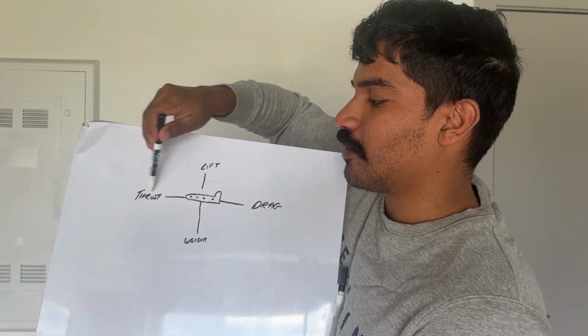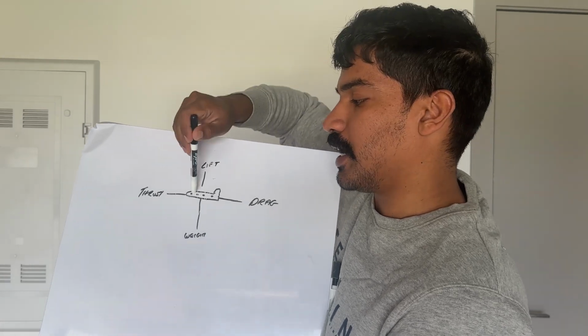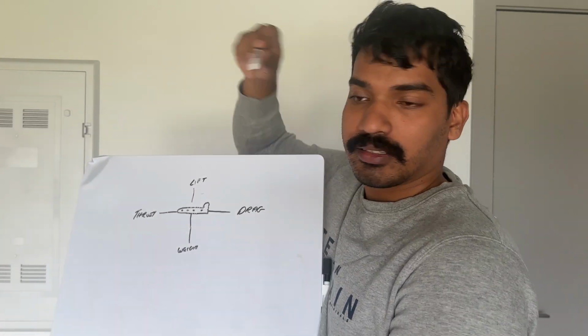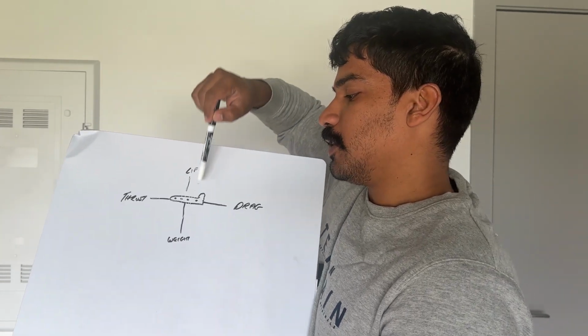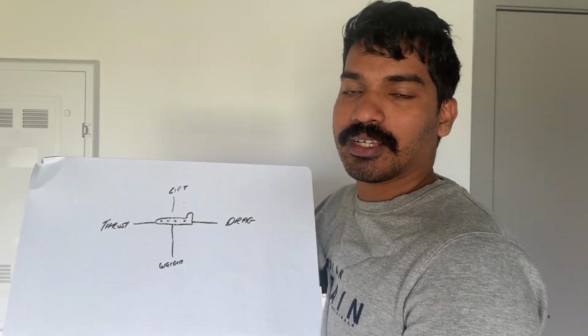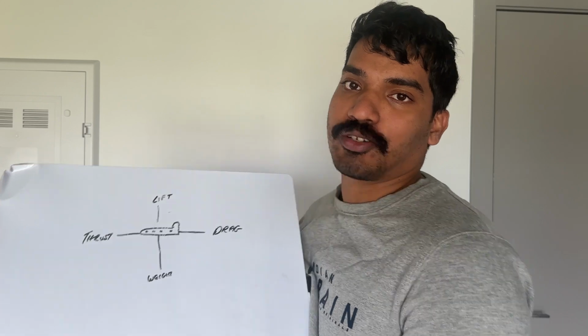As the aircraft is moves forward, lift is created perpendicular, at 90 degrees to it, and in the ratio of lift to drag, drag has to be lower, a small resistance. The resistance is the drag that we are talking about. So any object that is creating lift with less drag can be called an aerofoil, right?